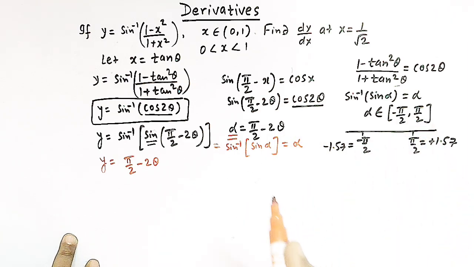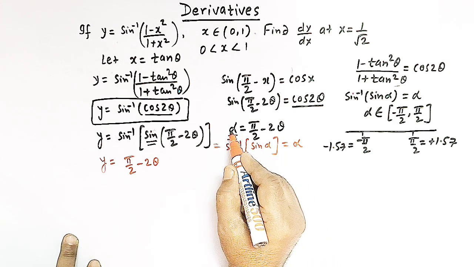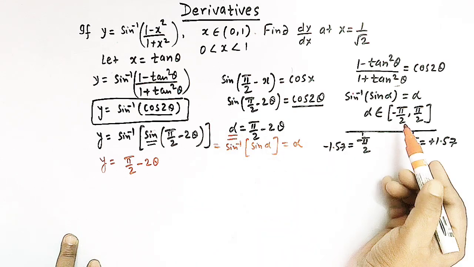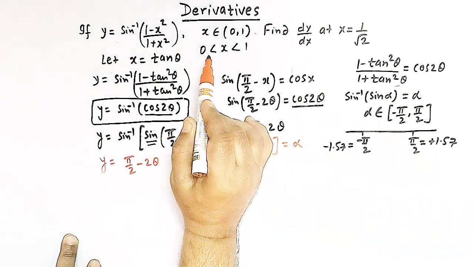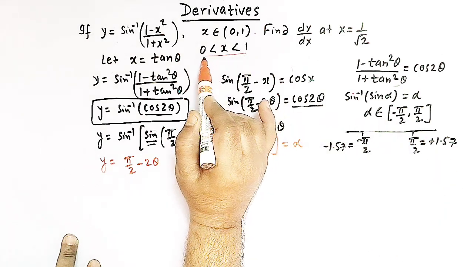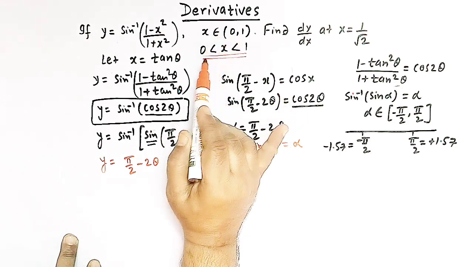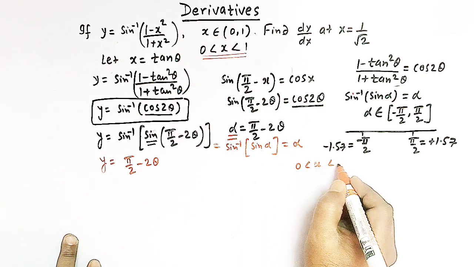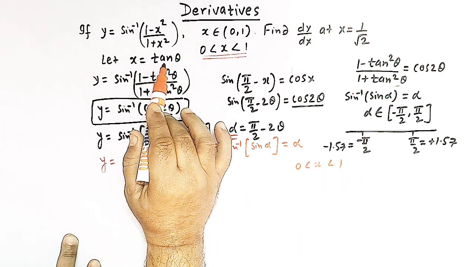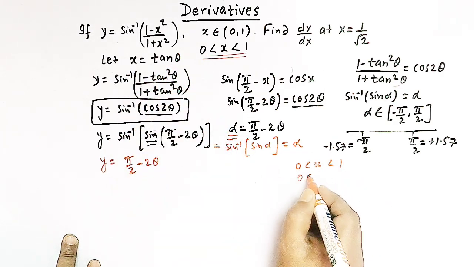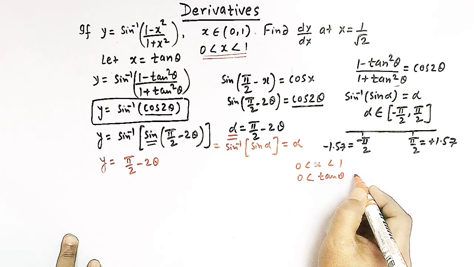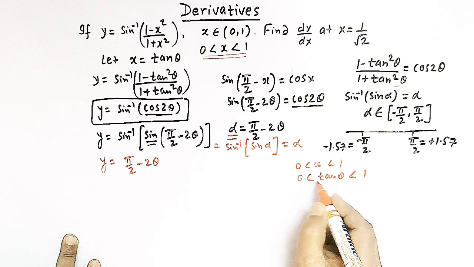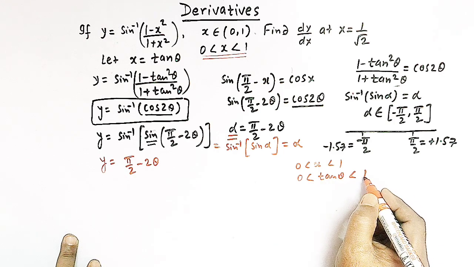So let us first verify that this alpha, that is pi by 2 minus 2 theta, lies in this interval. We make use of the given condition: x is greater than 0 but less than 1. Now x is tan theta, so we can write tan theta is greater than 0 but less than 1.